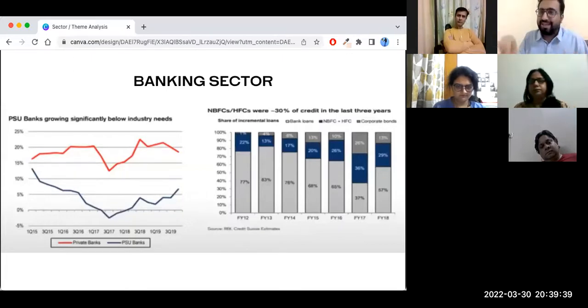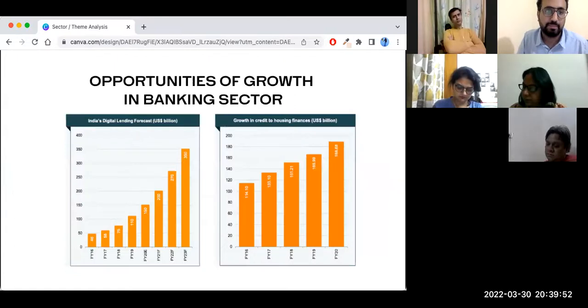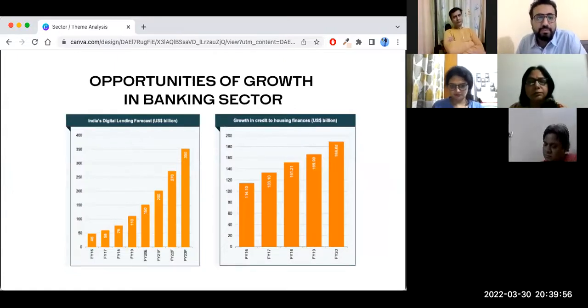But let us say it is not very interesting for you. Then let's deep dive even more, or let's try to understand some trends in the banking sector as well. On the left-hand side, you see a chart, a graph which shows the growth of India's digital lending sector.